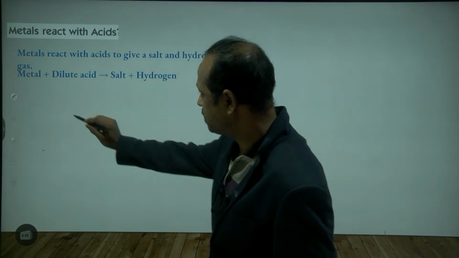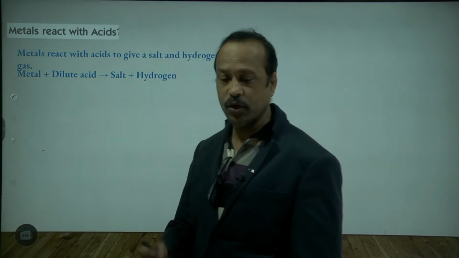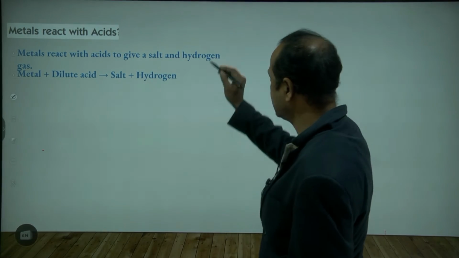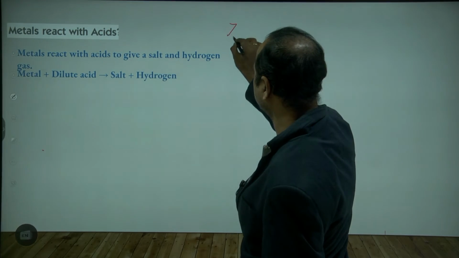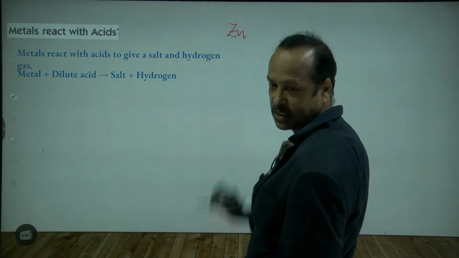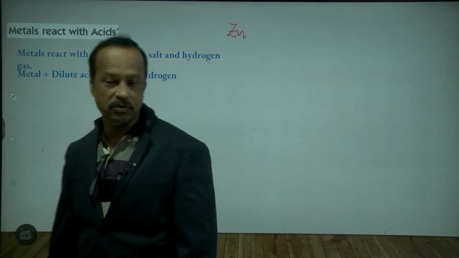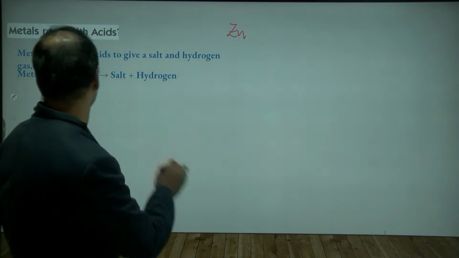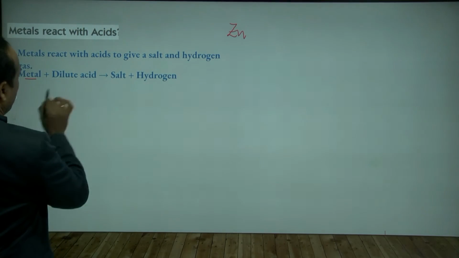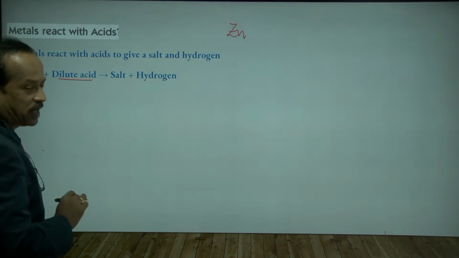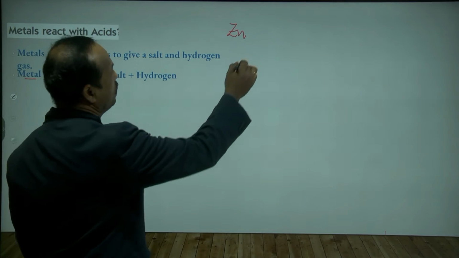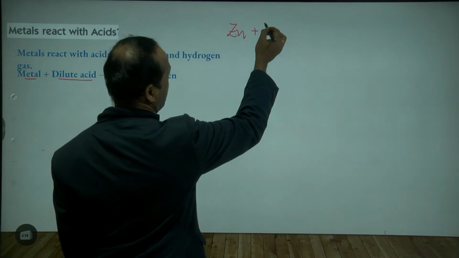Now, for example, you can take any metal, say zinc. Can you see on the screen? Zinc is a metal, and it is reacting with a dilute acid. Take one dilute acid like sulfuric acid.